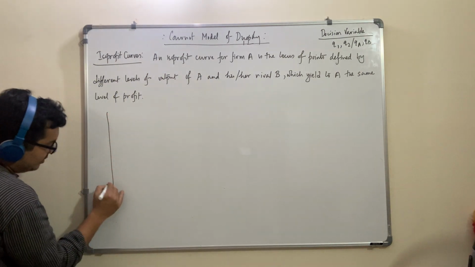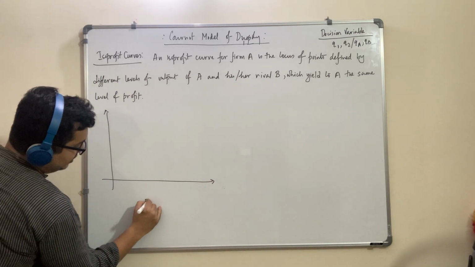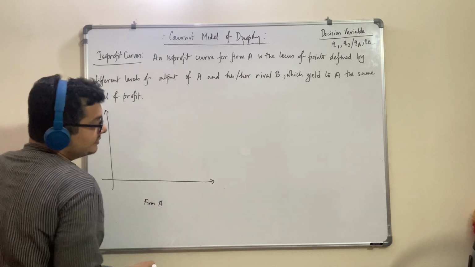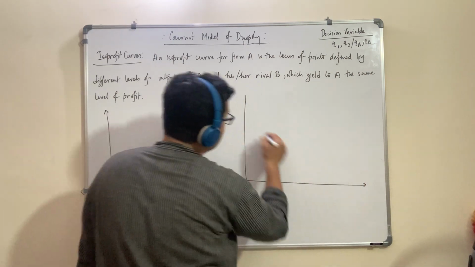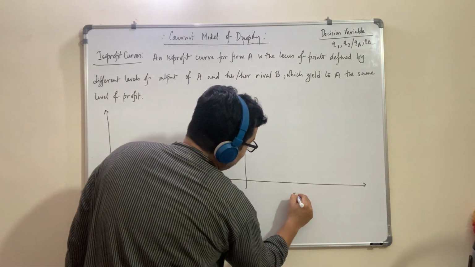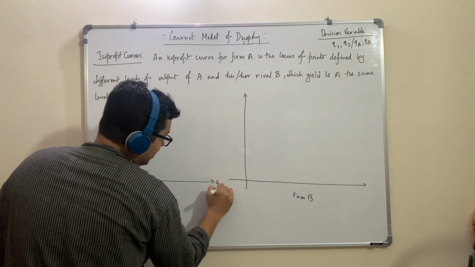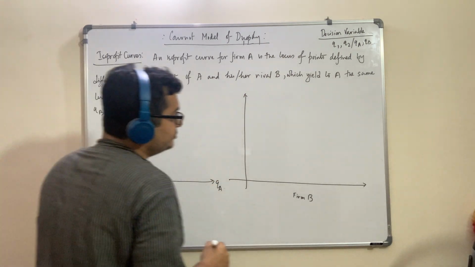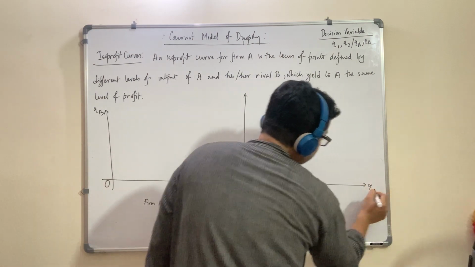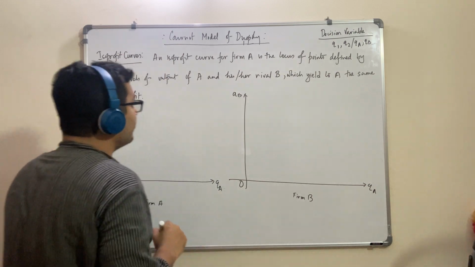Here we will draw the isoprofit curve for firm A, and here we will draw the isoprofit curve for firm B. QA, QB, 0; QA, QB, and 0.